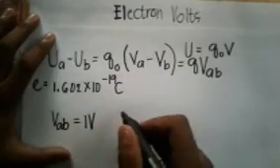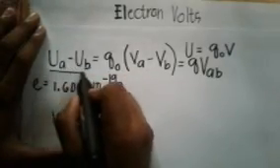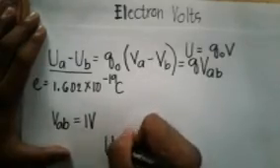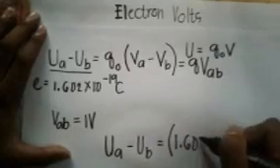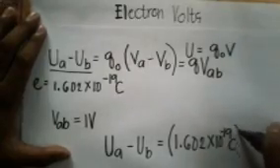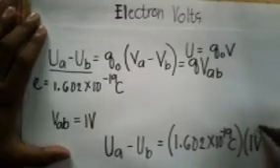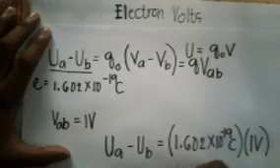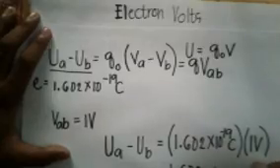then the change in the energy, by using this equation, is 1.602 times 10 to the negative 19 coulomb times the potential difference, which is equal to 1 volt, and this will give us 1.602 times 10 to the negative 19 joules.